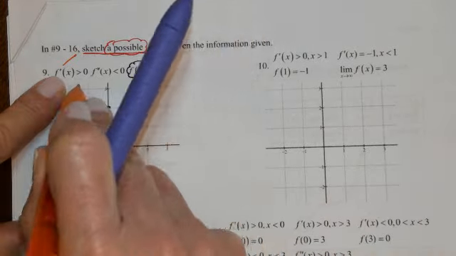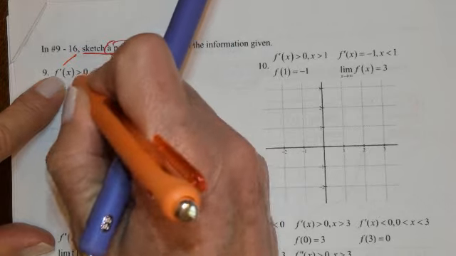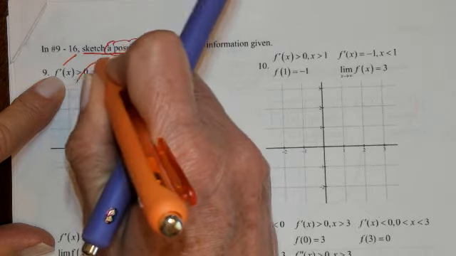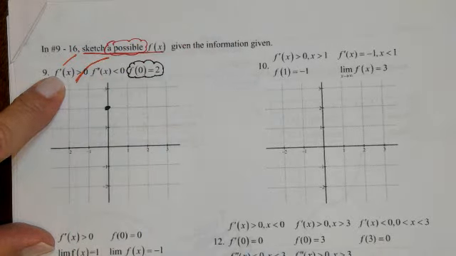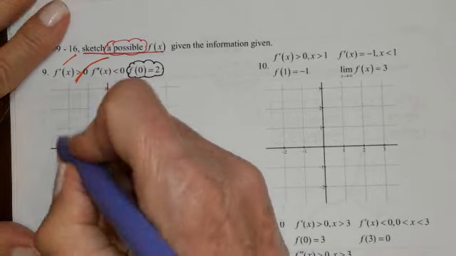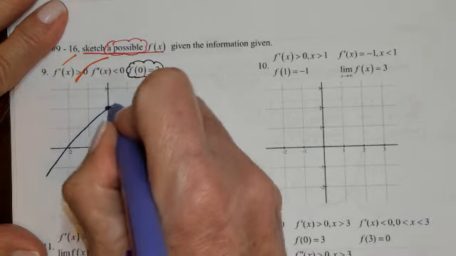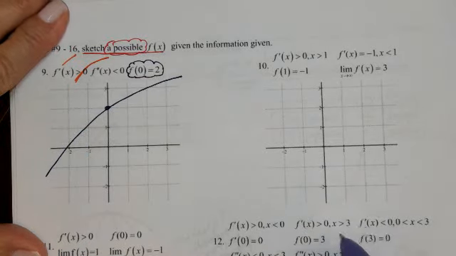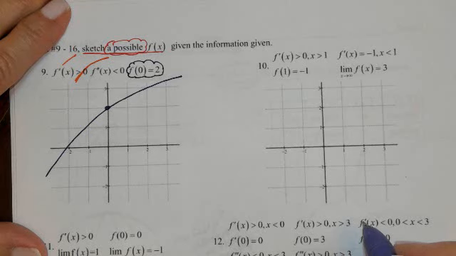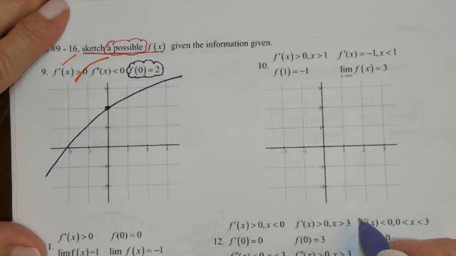So f is always increasing and always concave down, so the entire graph must have that kind of shape. So we're going to draw that nice and smooth all the way through the grid. No arrows are necessary. I'm assuming it goes on unless you give me an endpoint. Okay?